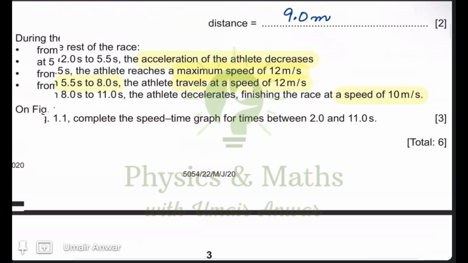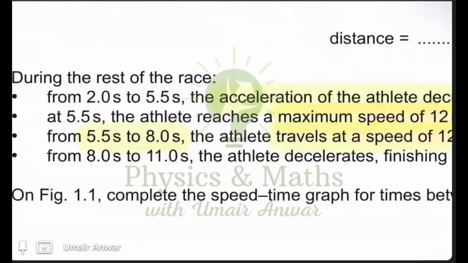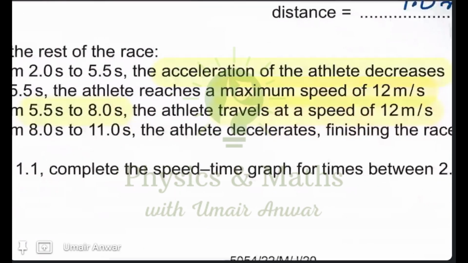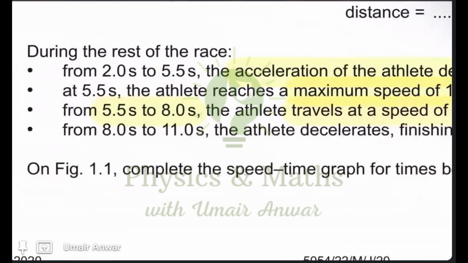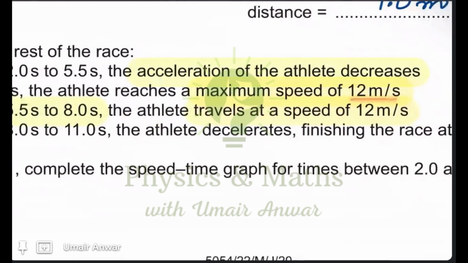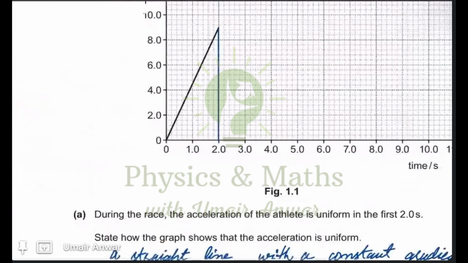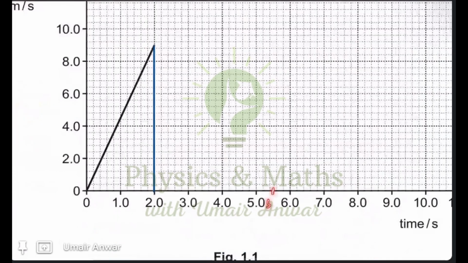Now the graph from 2 seconds to 5.5 seconds would show an acceleration, and at 5.5 seconds, the athlete reaches the speed of 12 meters per second. This is the point where we show 5.5 seconds time. The speed at 5.5 seconds would be 12 meters per second.